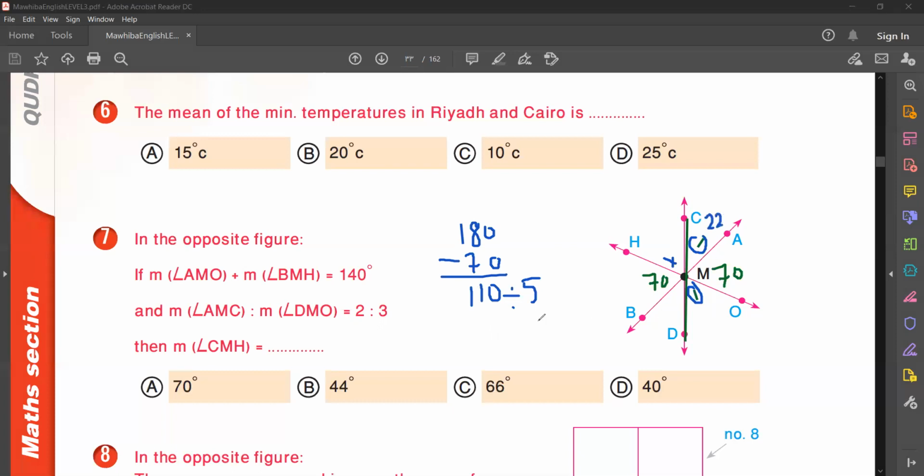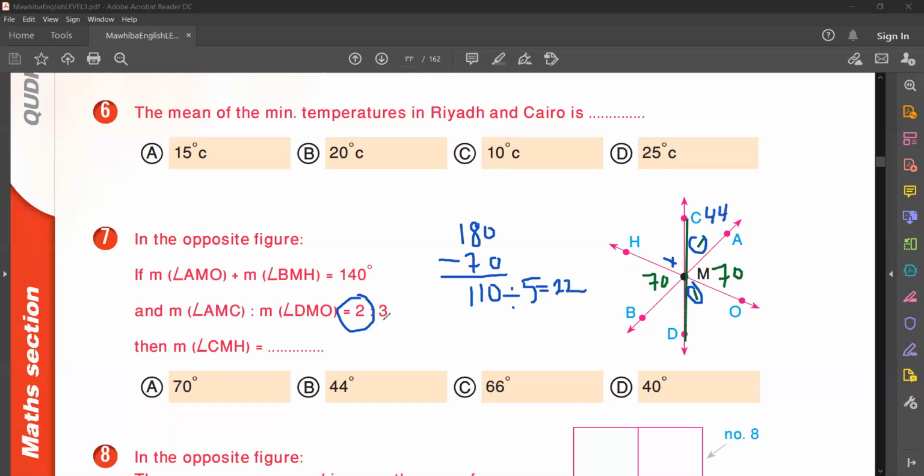And here because we have here 22, and the second one is 3. Here 2 times 22, because we have each one, we have here 2 times 22 equals 44. Here 44.